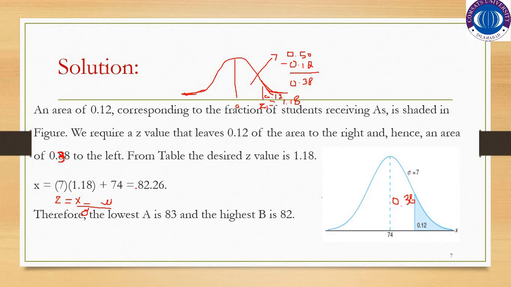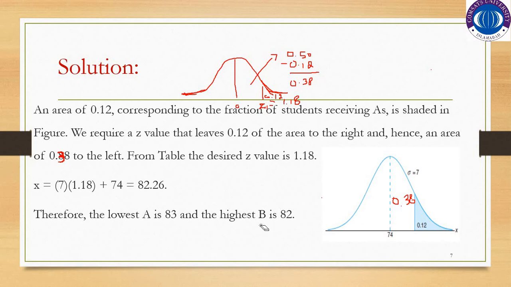By simplifying this, you will get X is equal to 82.26. Therefore, the lowest A is 83 and highest B is 82.